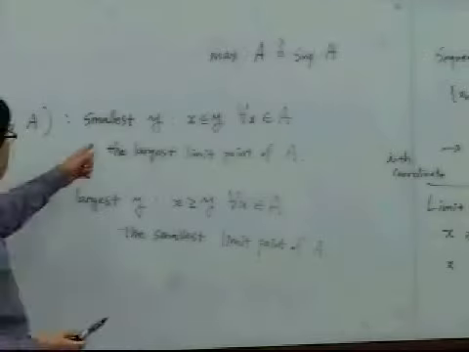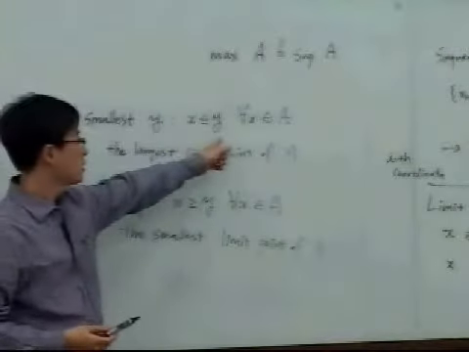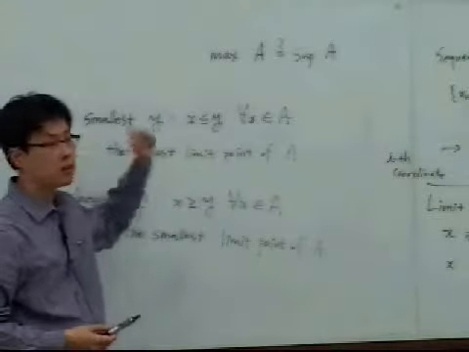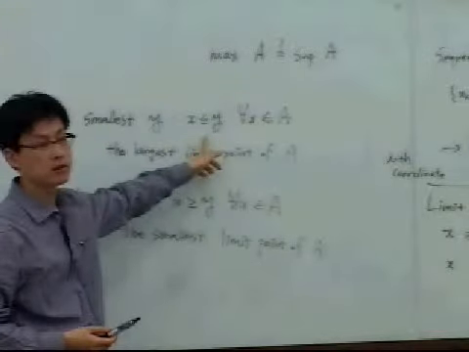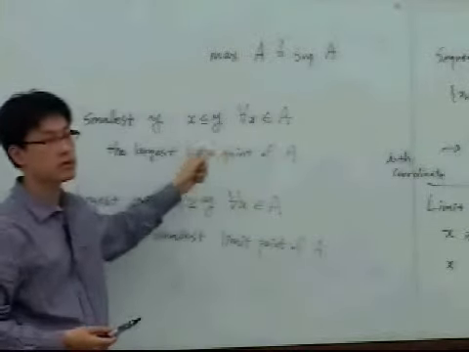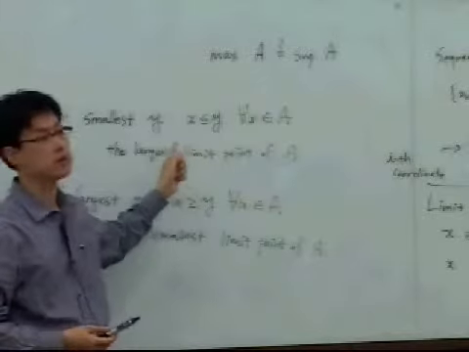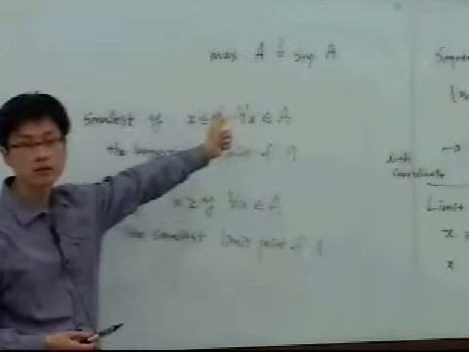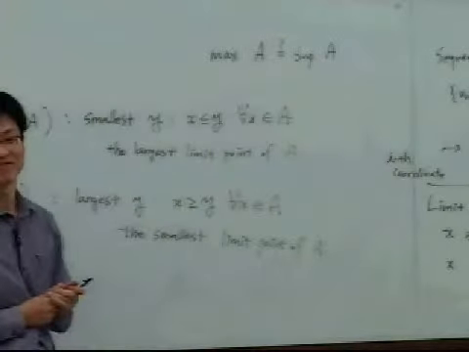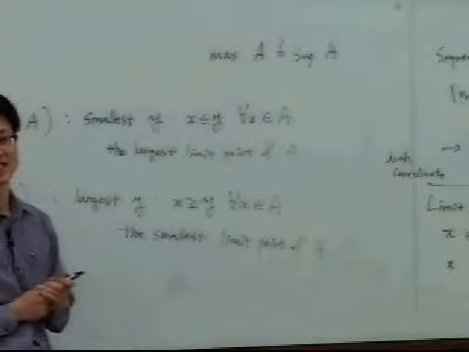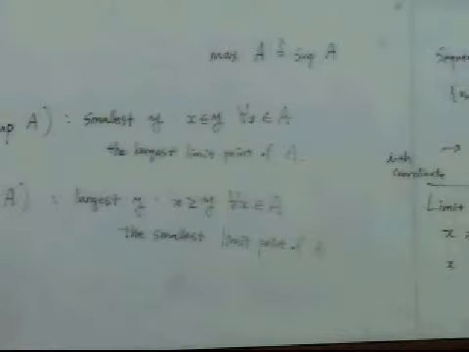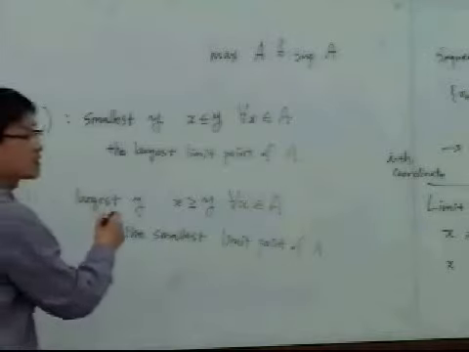This y means an upper bound; however, among these y's, this is the smallest possible y. Is this the same as the maximum value of A? Yonggyun, what do you think? Okay.